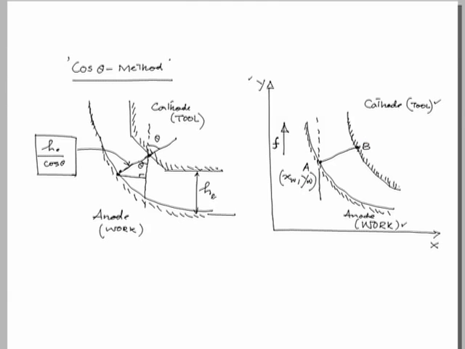Similarly, for the point B on the tool, the coordinates are x t, t stands for the tool, and y t. So that means during machining this tool is either coming towards this work or the work is being fed towards the tool, which constitutes the feed.